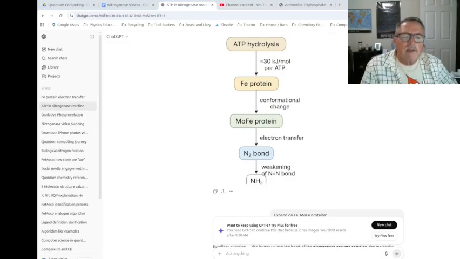The electron transfer comes from this conformational change, meaning that there are different kinds of ions that can be created from iron. You can have a +2 ion, or you can have a +3 ion, and between those differences we come up with an extra electron that can then be used in this process of forming NH3.